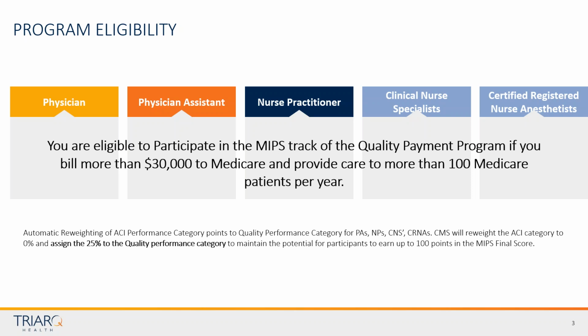We're going to touch on that just a little bit. As an eligible clinician, that's the new verbiage for the providers who participate in MIPS, there are some caveats regarding your volume of billing to Medicare. You have to bill more than $30,000 and provide care to more than 100 Medicare patients per year.